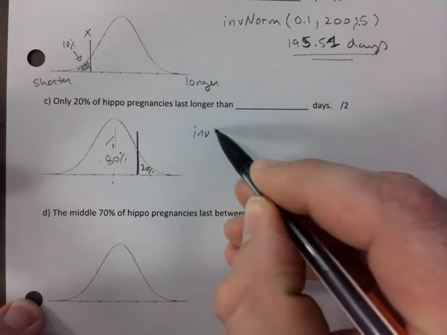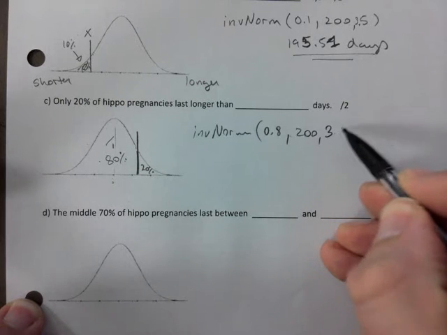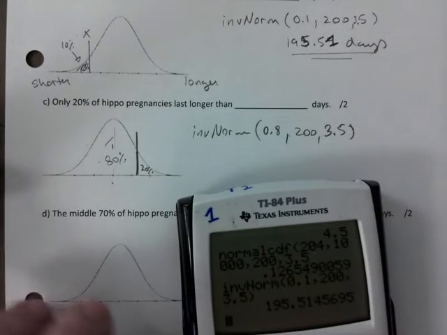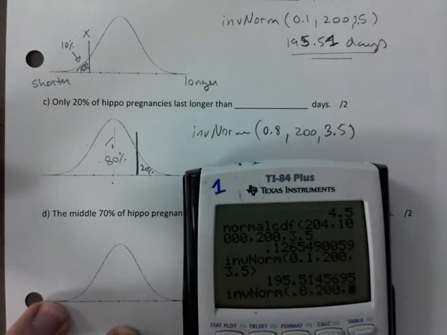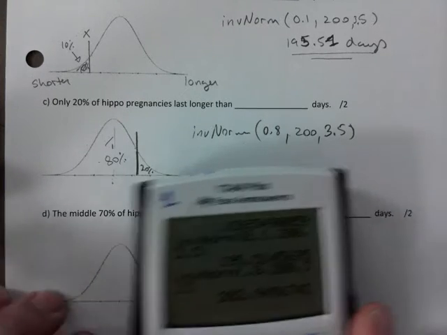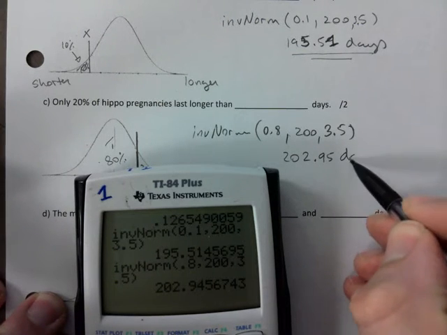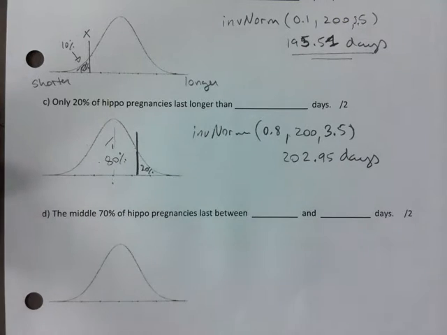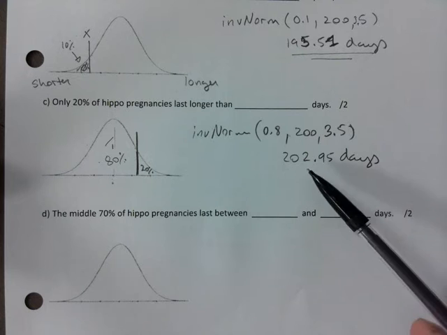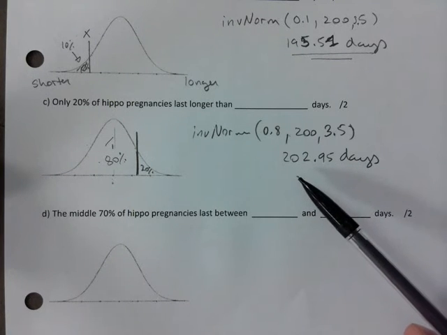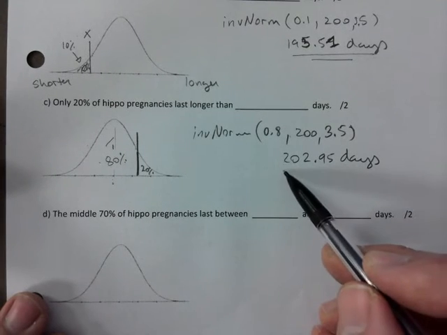So we would use inverse norm. 0.8 needs to be a decimal, then 200 and 3.5. That's 202.95 days, or 203. Whenever you're not sure, give me the decimal answer and then say approximately, then round up or down if you'd like. But don't just go straight to that rounded answer, okay?